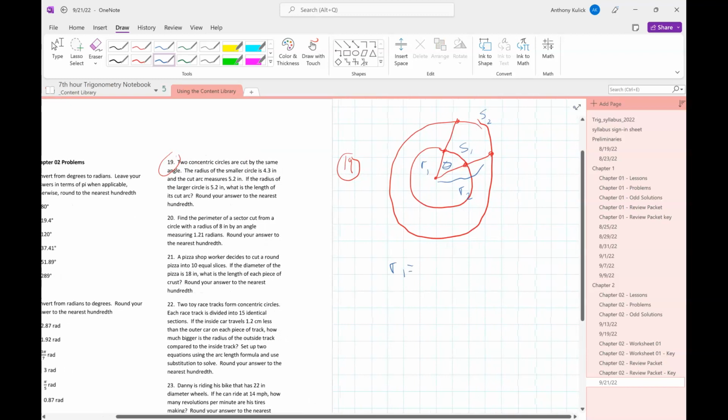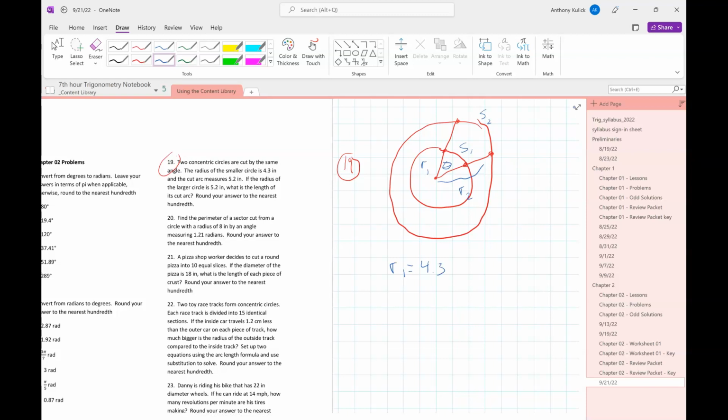We're told that R1 is 4.3. We're told that S1 is 5.2. Then we're told that R2 is 5.2. We're told that S2 is what we're looking for.